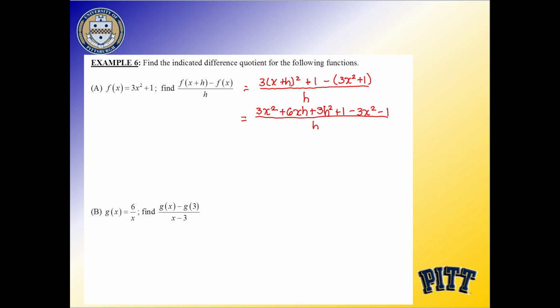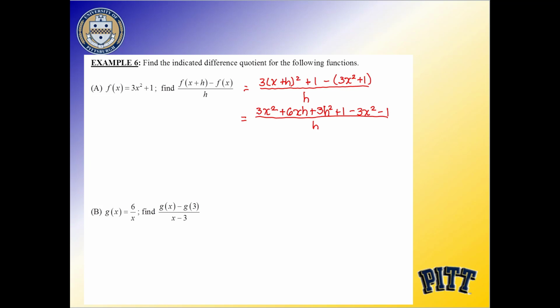If there are terms on top that do not have h being multiplied somewhere in that term, I can't cancel an h from it. And if I can't cancel an h from everything, I can't cancel it from the bottom at all.